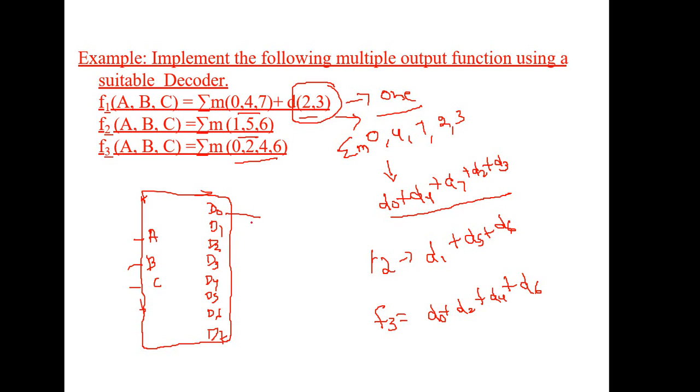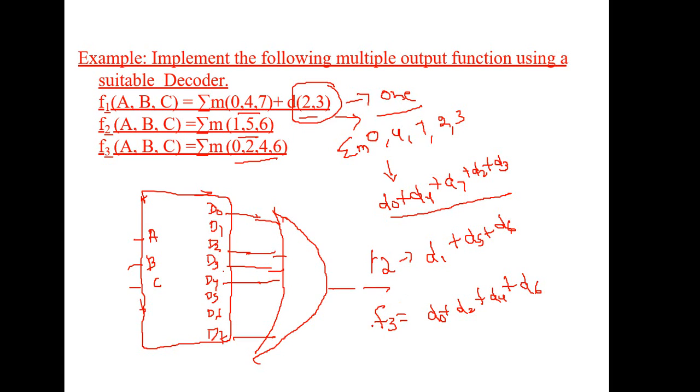Take from D0, D4, D7, then D2 and D3, all of them into one OR gate, and this is what you have to do for function 1.